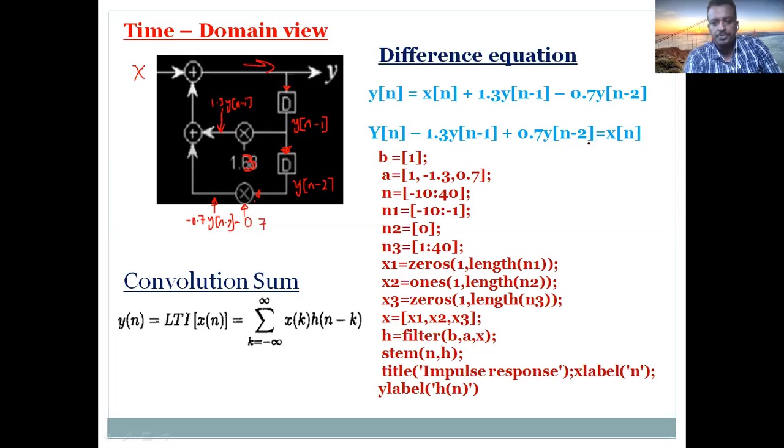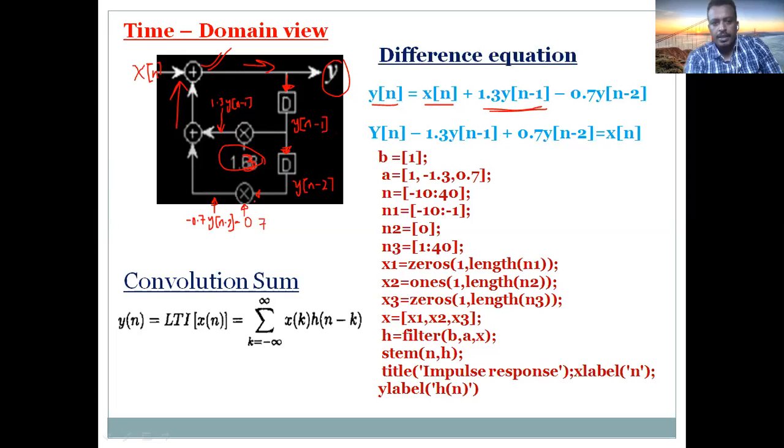So y is what? y is equal to, as you can see here, the difference equation. This output is equal to the input, which comes from here, x of n, plus, this is an adder circuit here, 1.3 y n minus 1. This signal also comes as feedback. You see here, the output is first delayed by 1 and multiplied by 1.3, added together to the input side.